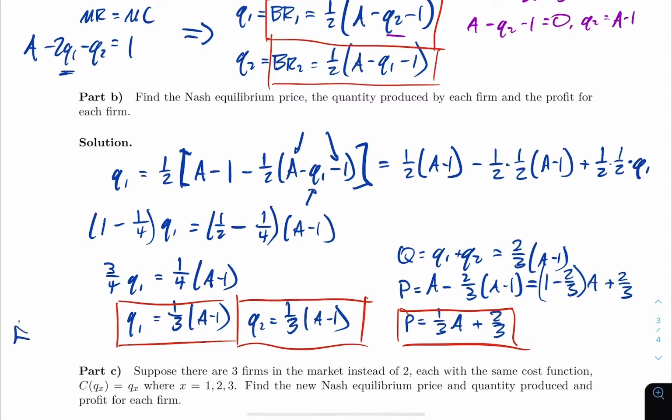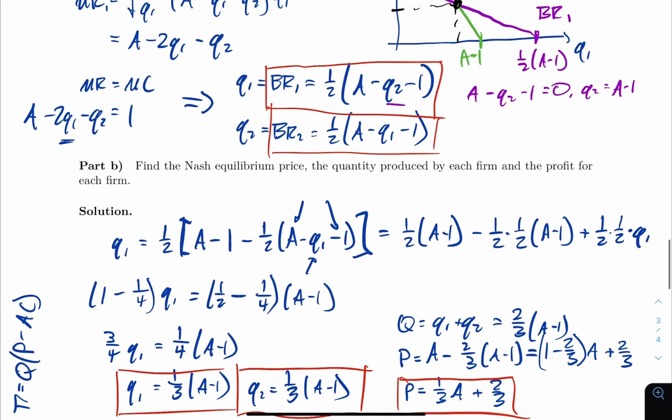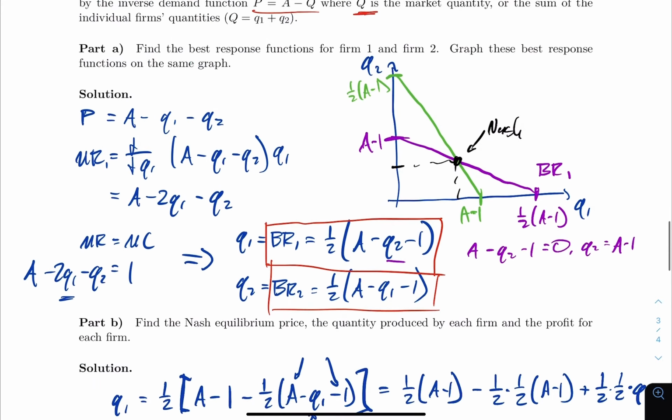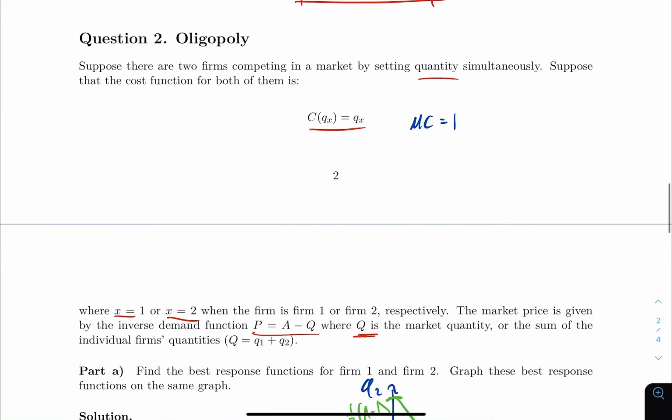So our profit is equal to price minus average cost times quantity. So average cost, we need to take our quantity and plug it into our cost equations up here.